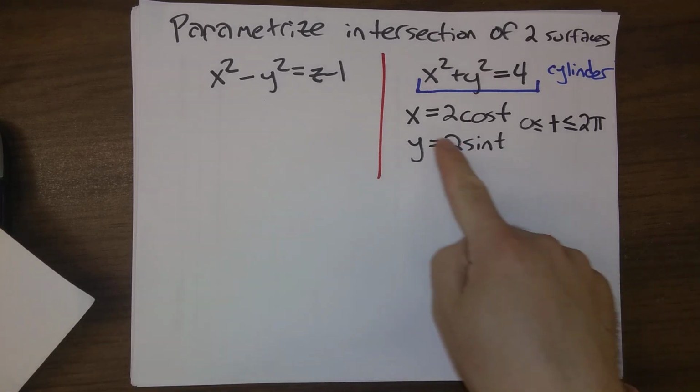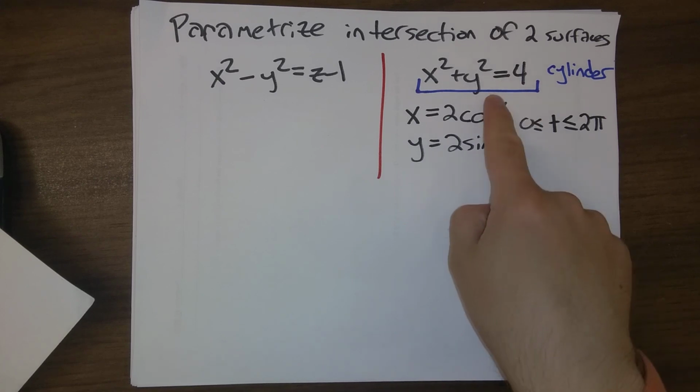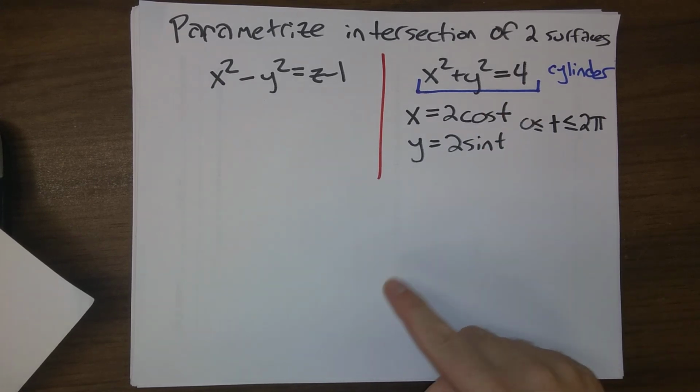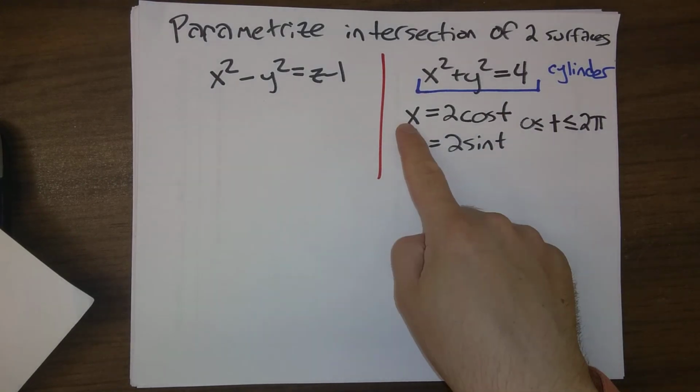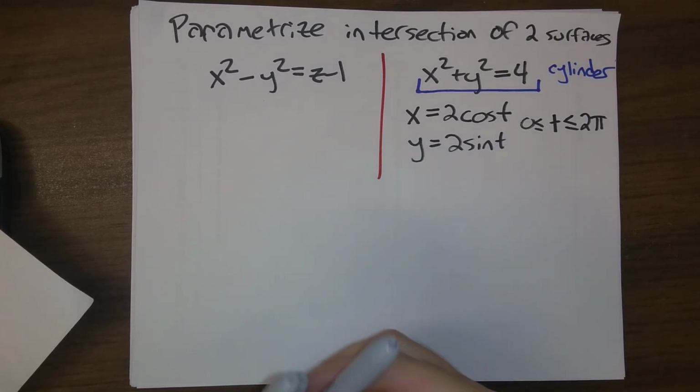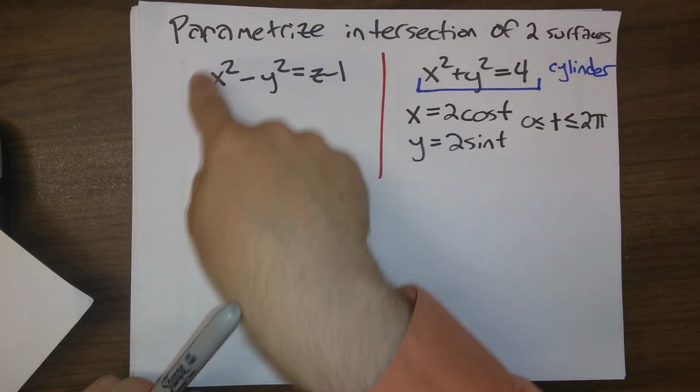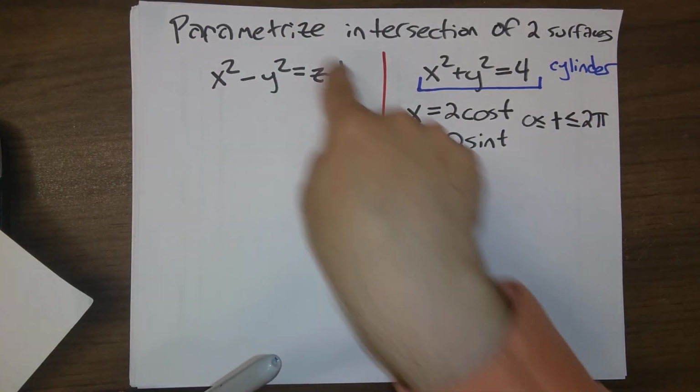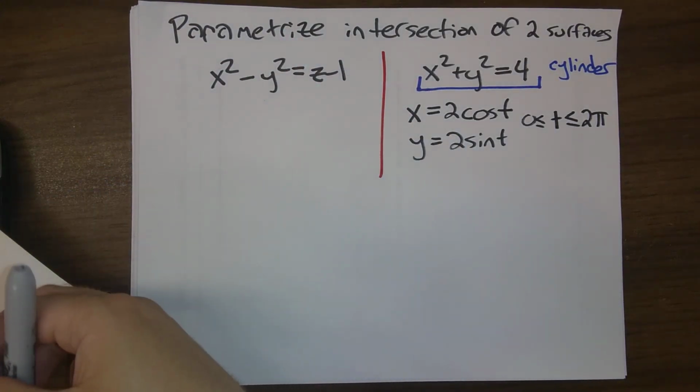And so at this point, now we have x in terms of t, y in terms of t, instead of writing y in terms of x and z in terms of x and replacing x with t. So now we need z in terms of t, and we can do that just by plugging in x and y in terms of t.